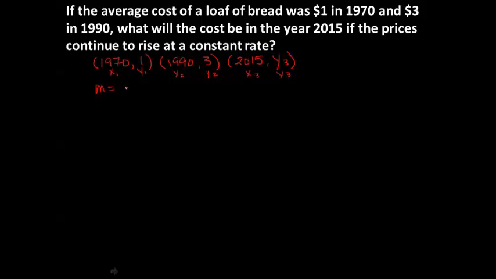Okay, so my slope, I'm going to have Y2 minus Y1, so I'm going to have 3 minus 1 over 1990 minus 1970. Sorry, that's so sloppy. So I have a 2 over 20, which reduces to 1 over 10.